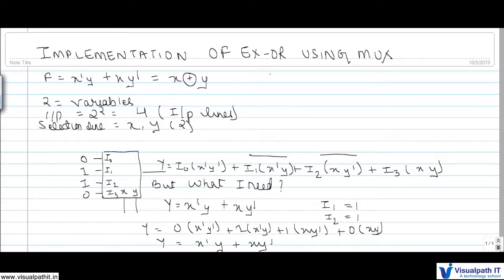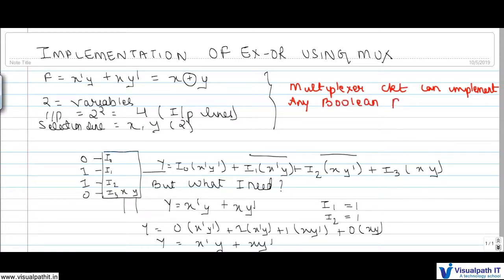So what have we understood from this? We have understood that a multiplexer circuit can implement any Boolean function.